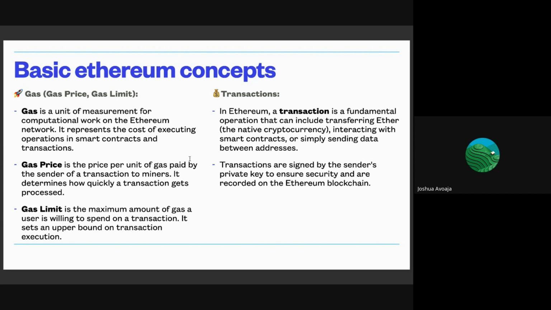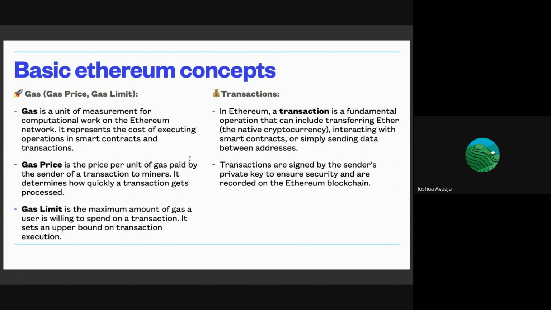In this case, let's say ETH, Ethereum. So gas is what is used to measure how much computational power will be required to validate and execute a transaction on Ethereum.